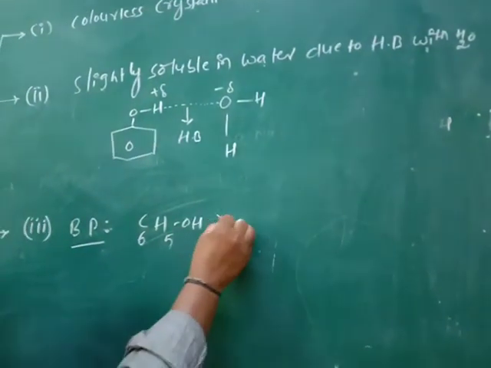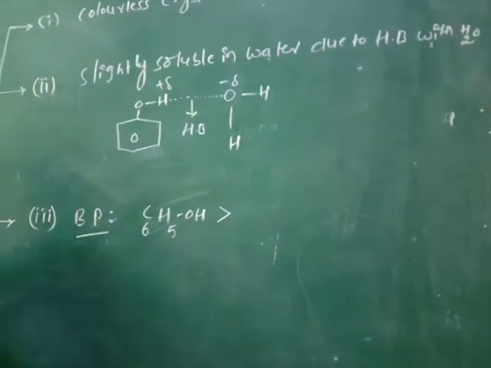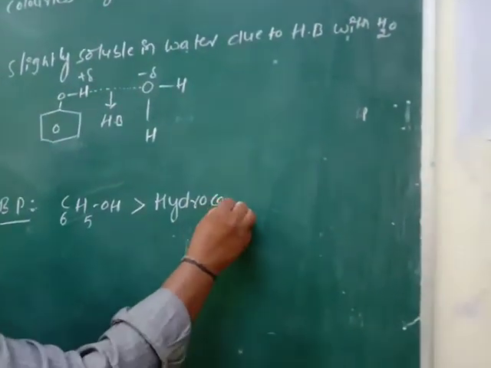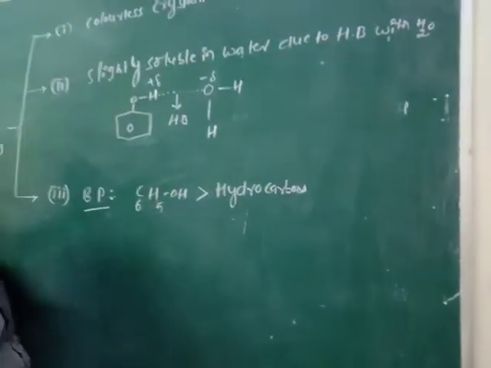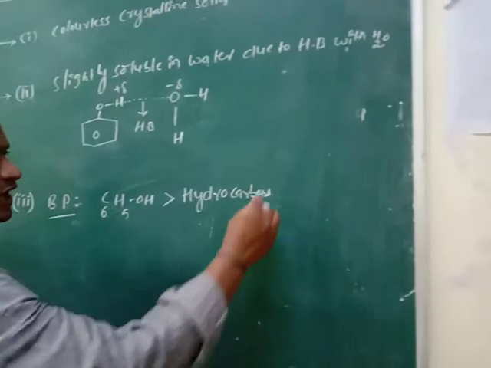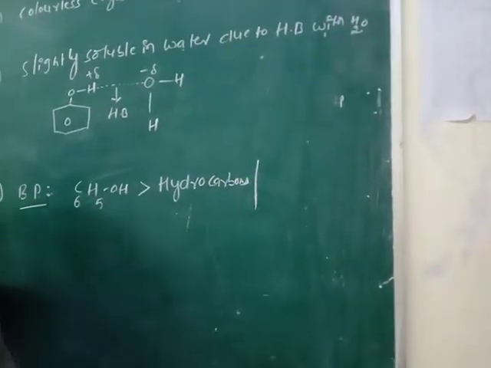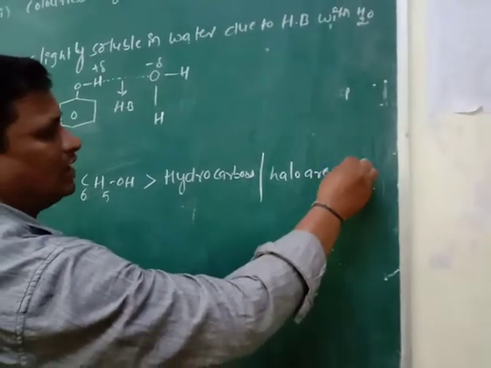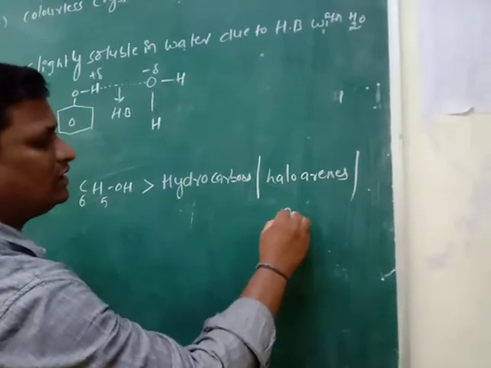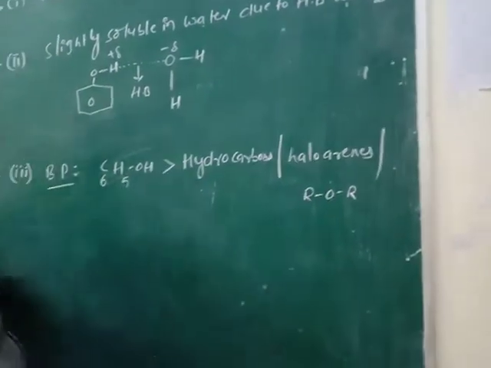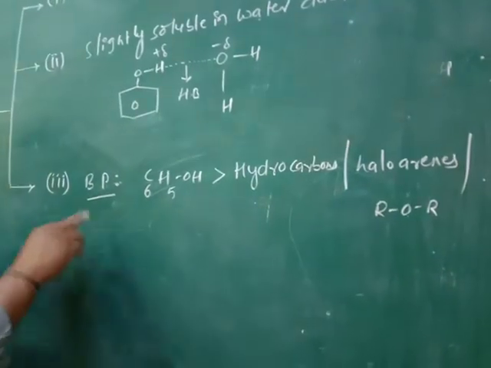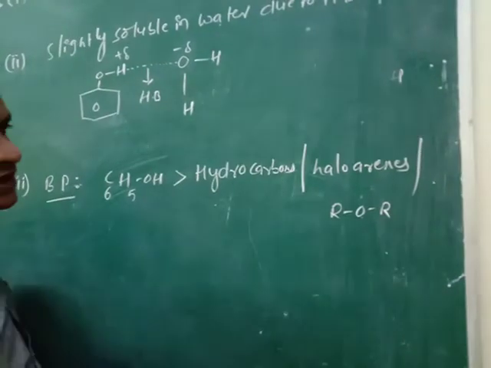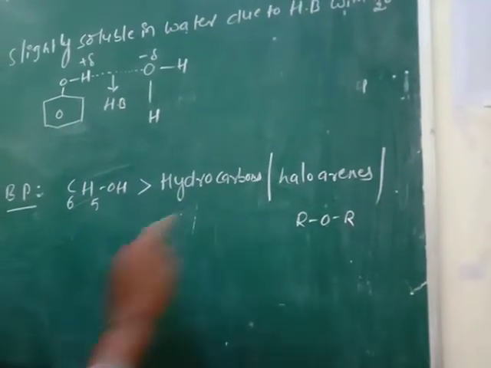These boiling points are greater than hydrocarbons, generally meaning alkenes and alkynes, haloarenes, and also ethers. Generally the ether representation is ROR. So the boiling point of phenols is greater than hydrocarbons, haloarenes and ethers.